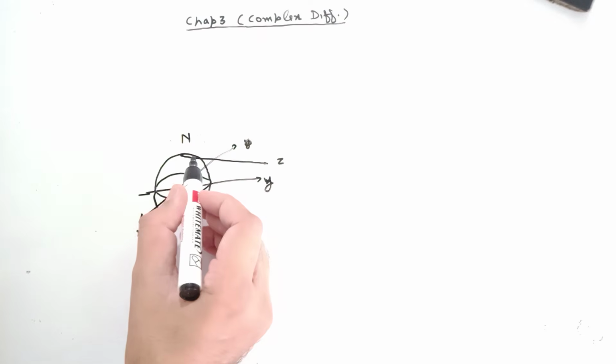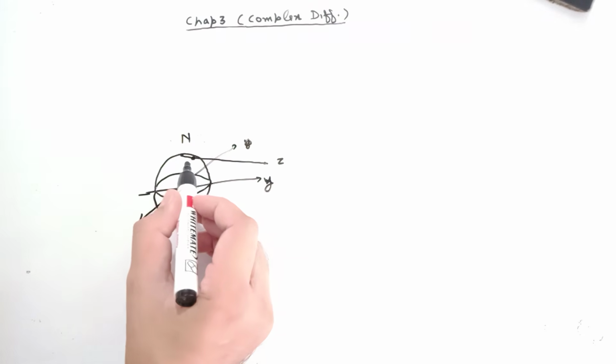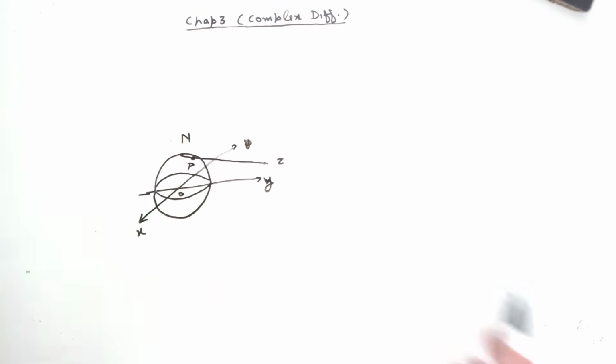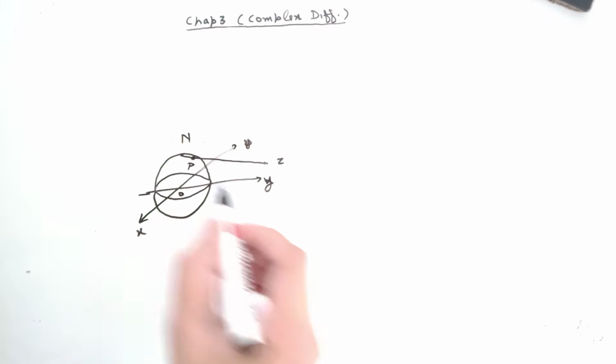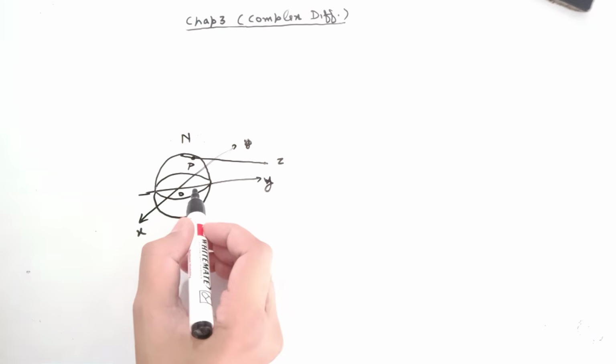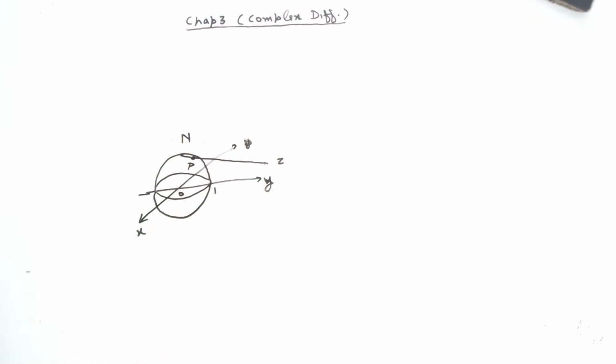It intersects the sphere in some point, say P. So we say that this point P corresponds to z. So this way all points outside this unit circle, you can say, are associated with the upper hemisphere. Am I right?